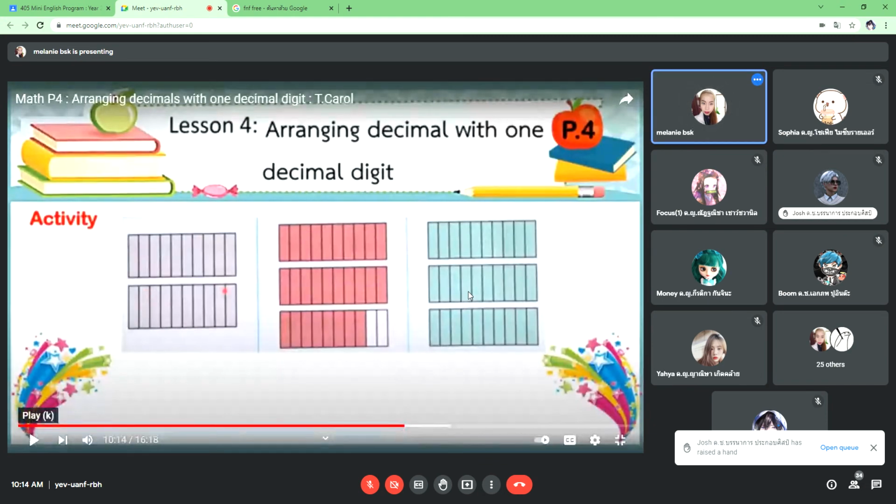Okay, so this one is an activity. This one is 1, 2, 3. For the number 1, if you're going to write it in decimal, how are you going to write it?